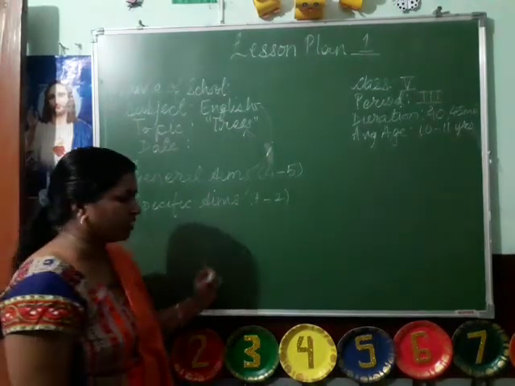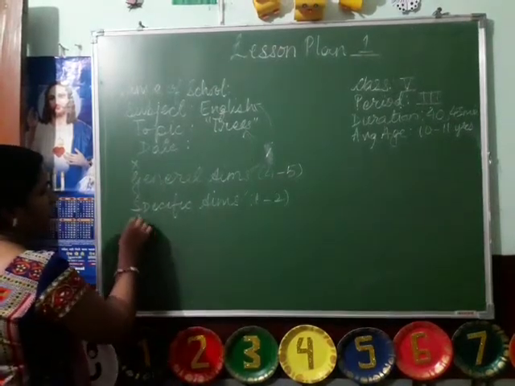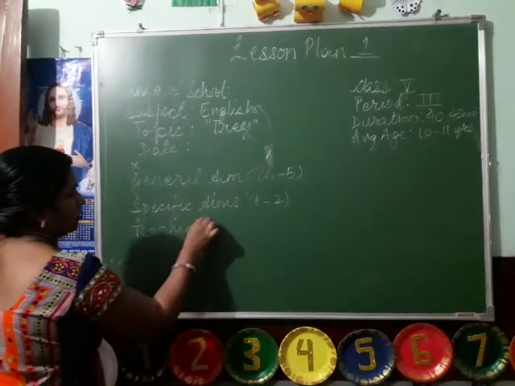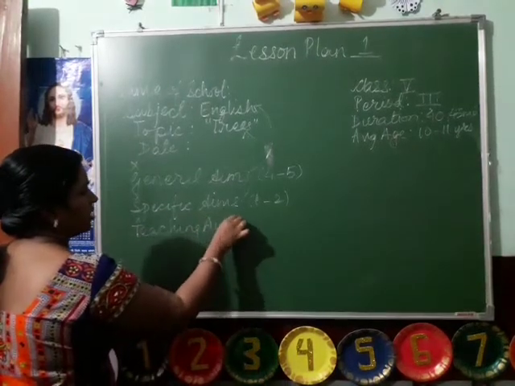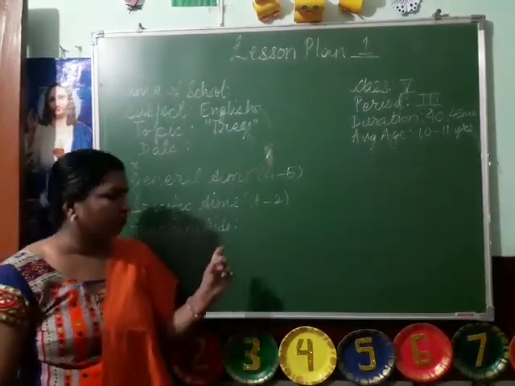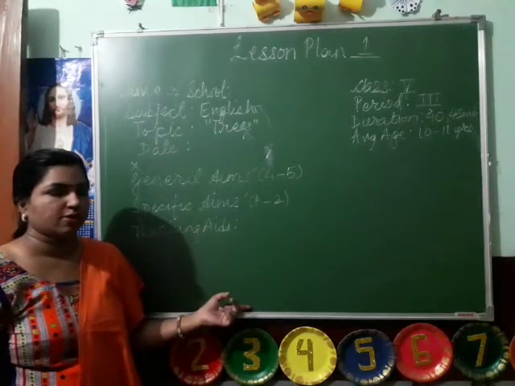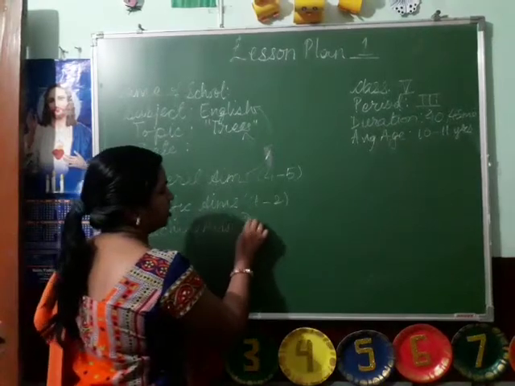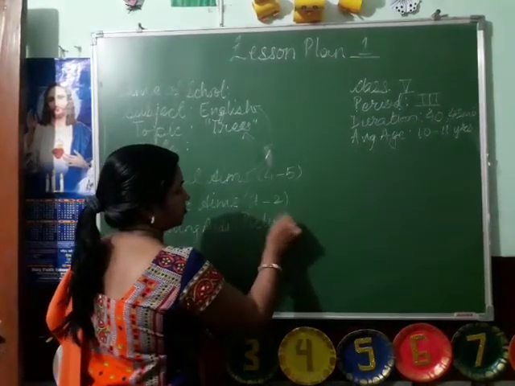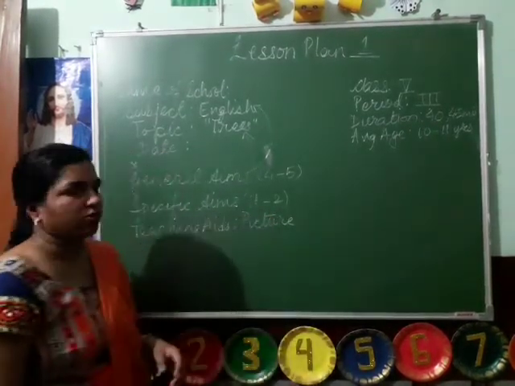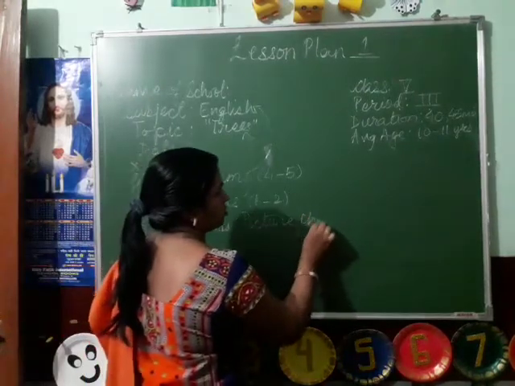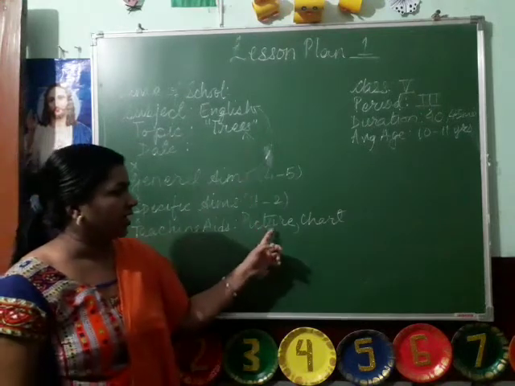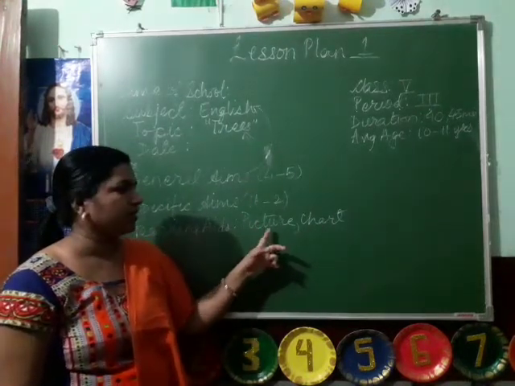Now after the specific aim you have to leave a line and then write the teaching aids. What are the teaching aids that you are going to take while teaching this lesson? Suppose you are teaching trees. If you have a picture of a tree or a chart showing a tree, here I have written in short, you have to write in detail.